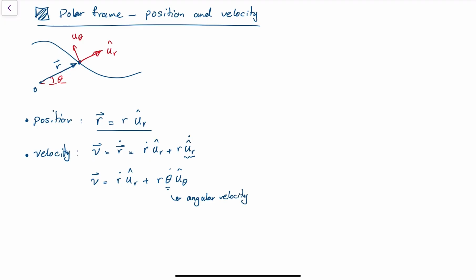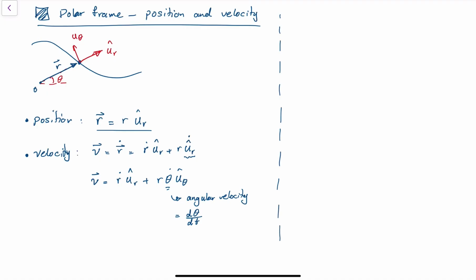Angular velocity is the rate of change of angle with respect to time. And now we can see the velocity has two components. Let's break them down and see what they actually mean.